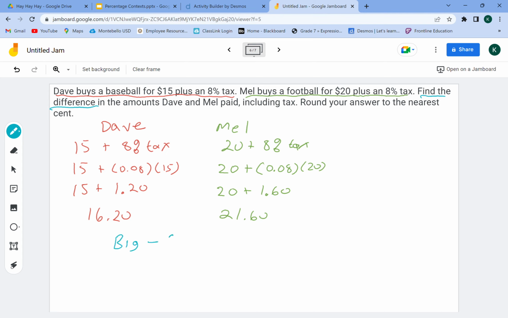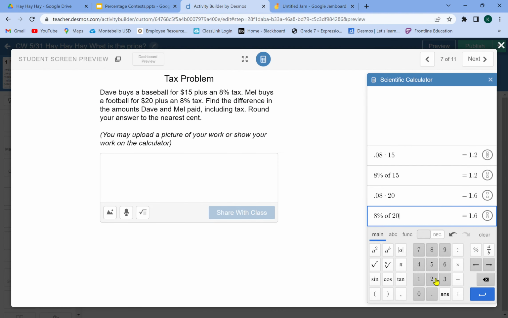So I have the green one here, $21.60, minus $16.20.